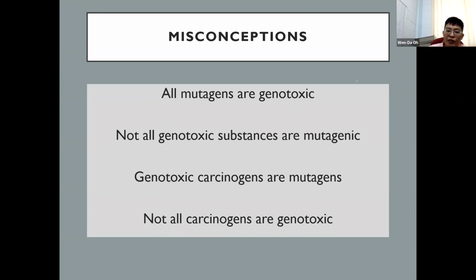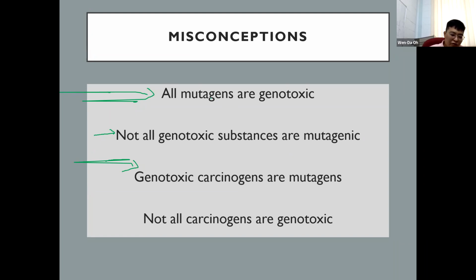Some misconceptions. All this is to clear your misconceptions, right? All mutagens are genotoxic. Okay, this is true, right? Not all genotoxic substances are mutagenic. Genotoxic carcinogens are mutagens, right? And also not all carcinogens are genotoxic. So these are the true statements, right?